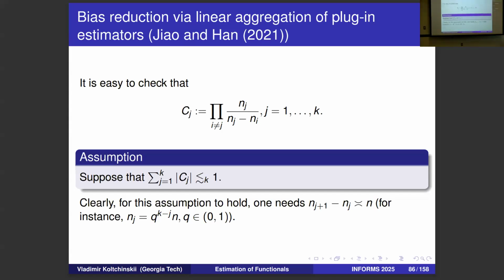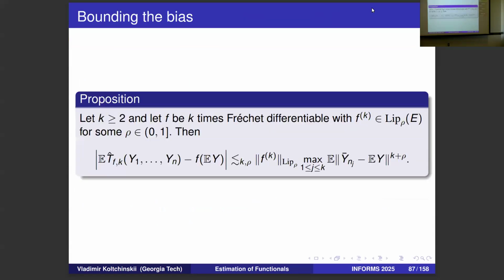Because the product downstairs will be proportional to n to some power, and upstairs also proportional to n to some power, the same power, okay? So the n will cancel out and we will be left with a constant. So this is what we want. These are the assumptions that we impose on this method, okay?